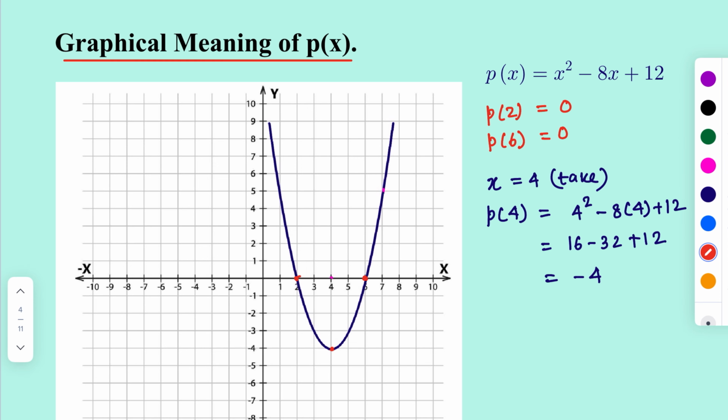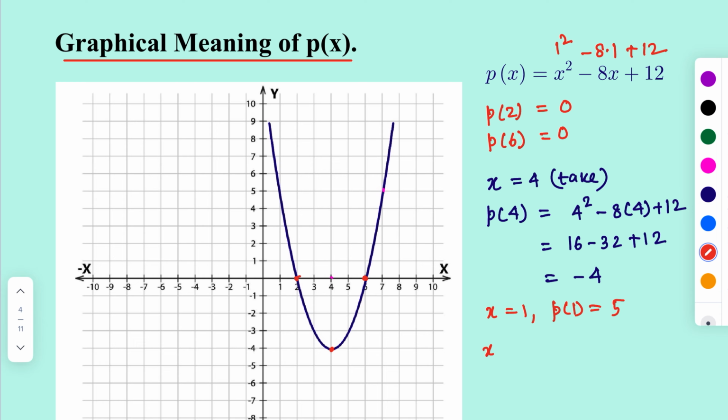The point is this one, x is equal to 4 and y is equal to minus 4. Similarly, if we put x is equal to 1, then p of 1 will be equal to 1 square, it is 1, minus 8 into 1, 8, plus 12, that is 13 minus 8, which is equal to 5.